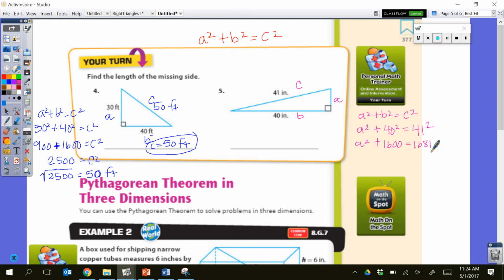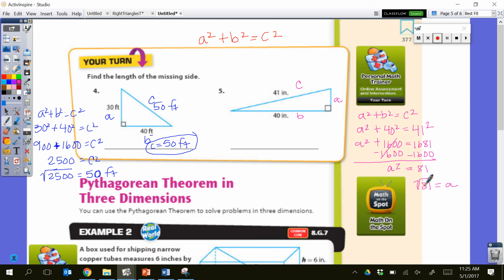1681. And then I have to use my inverse operations to solve, right? So I've got to subtract 1600 because I'm trying to get that variable by itself. Cancels out here, and I have a squared equals 81. Okay? So I need to find the square root of 81 to find a.